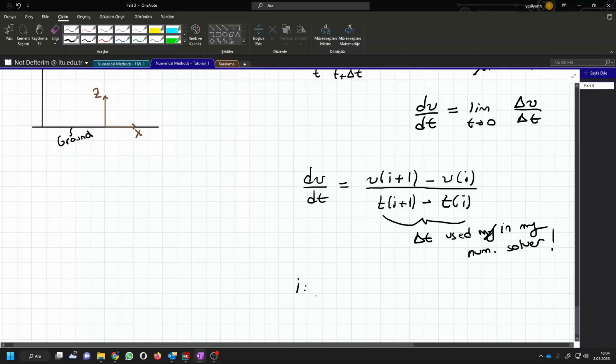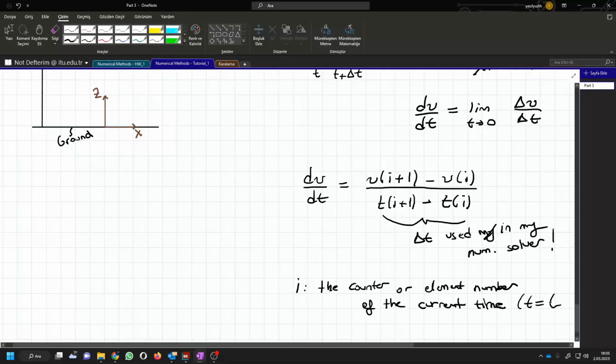Here i is the counter or element number of the current time, which is t equals to t. Okay.